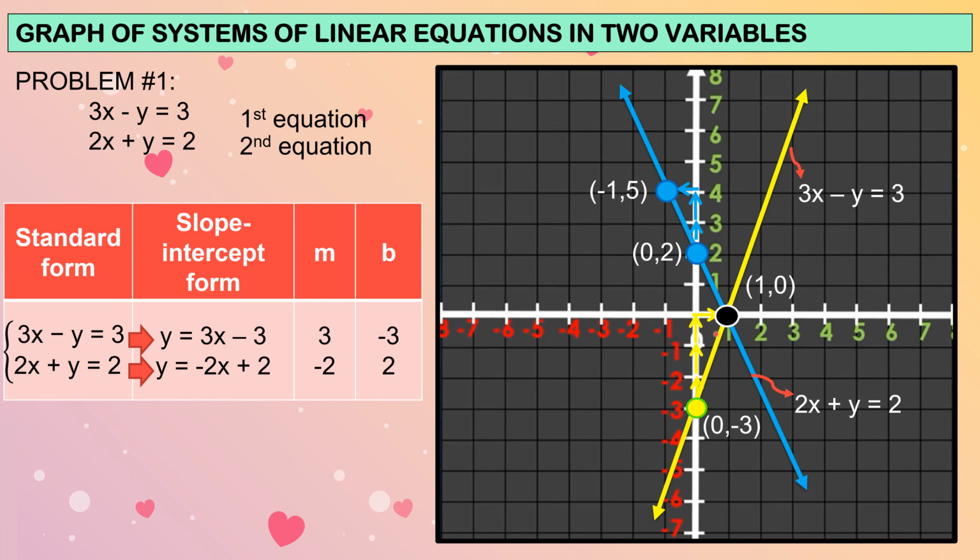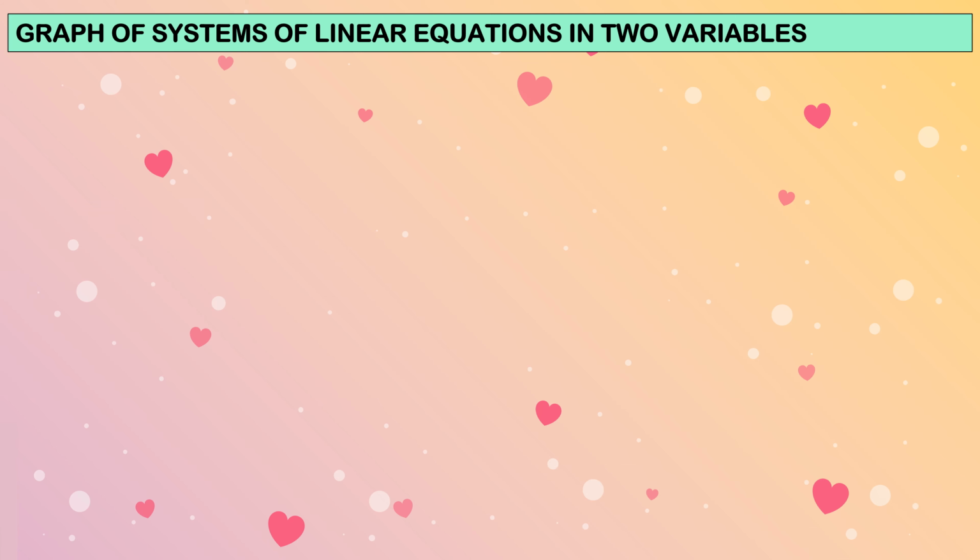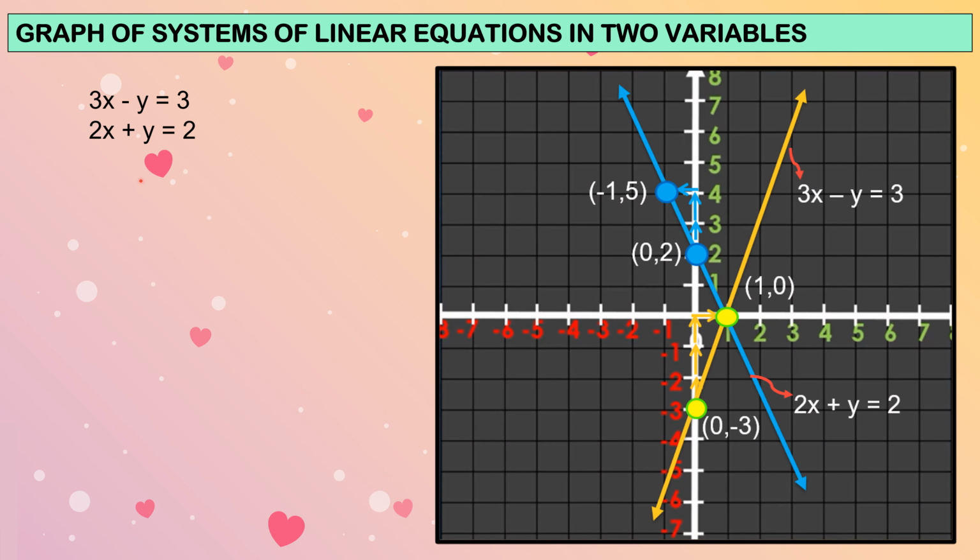As you can see, this is their point of intersection. So, the point of intersection is (1, 0). Okay, let's check from the given equations. Let's check if the point of intersection is correct.